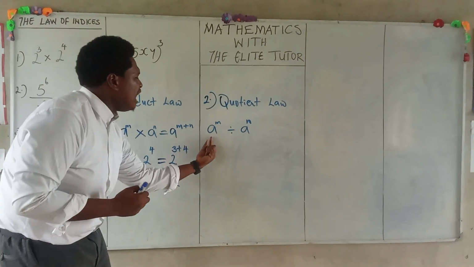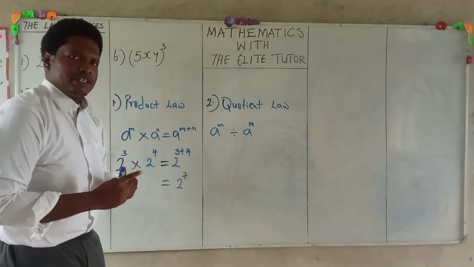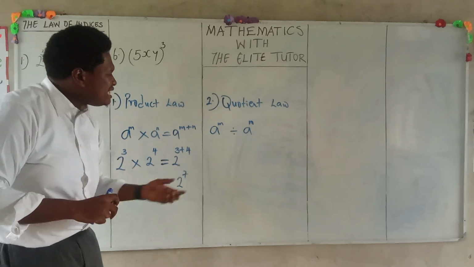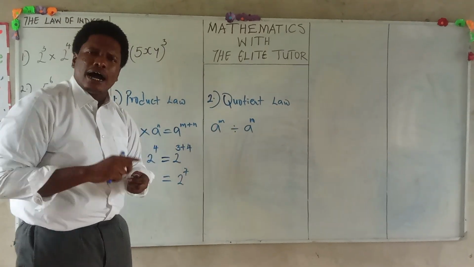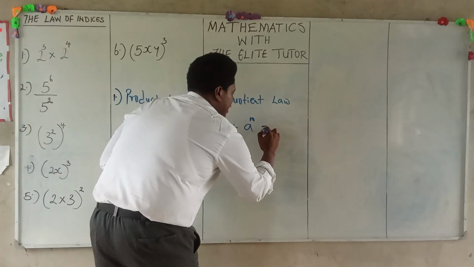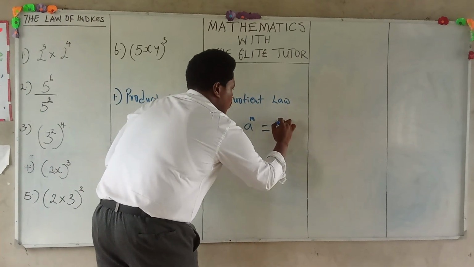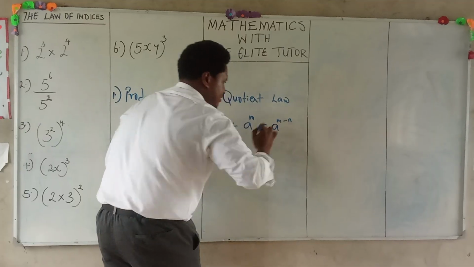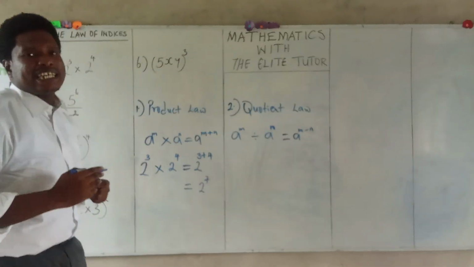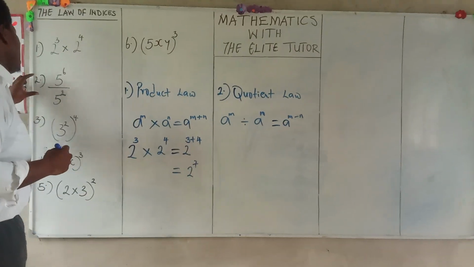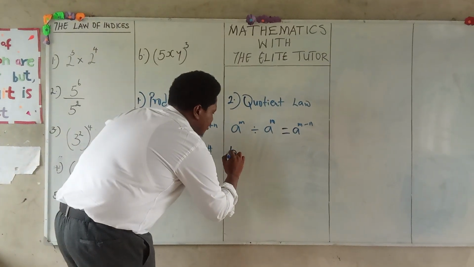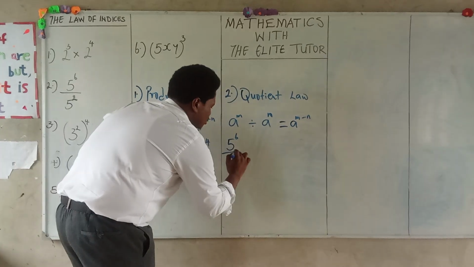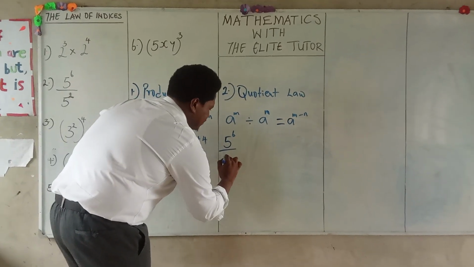So because they have the same base, criteria 1, and they are dividing, we go ahead to subtract their powers. So our answer will be a raised to power m minus n. Now, a very good example to buttress our point, we have example 5: 5 raised to power 6 divided by 5 raised to power 2.